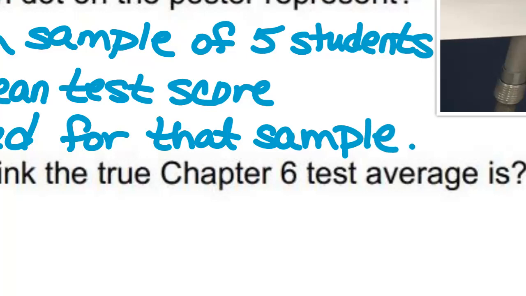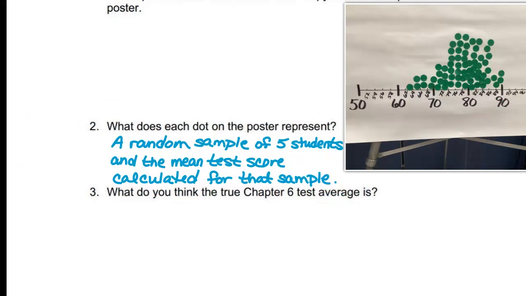You use the random number generator to pick out 5 students' scores. And then you calculated the mean of that sample. And that's what went on each one of those dots, right?